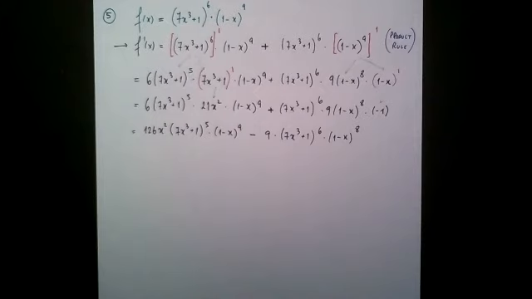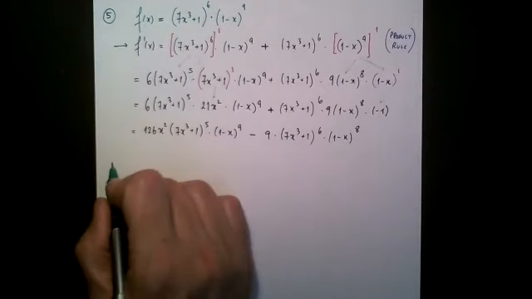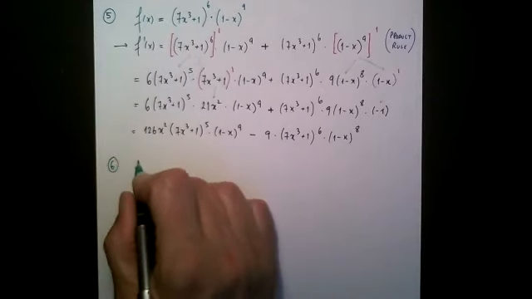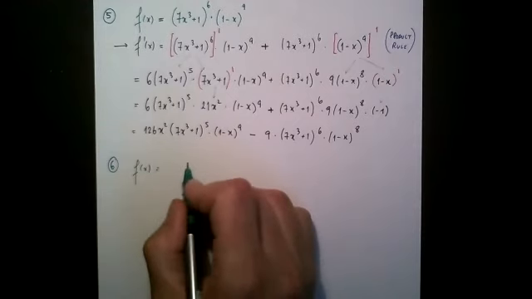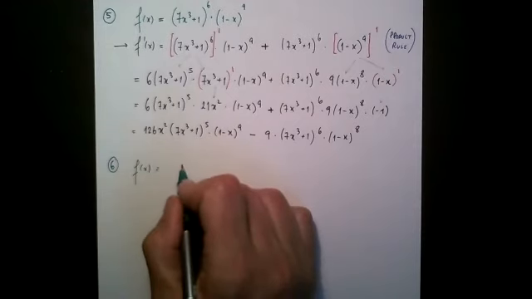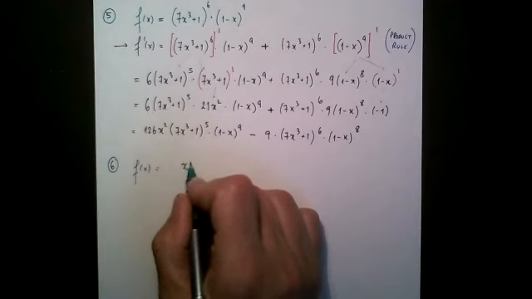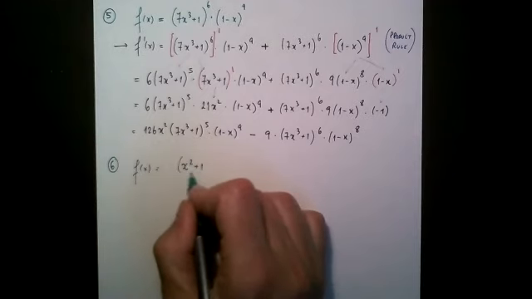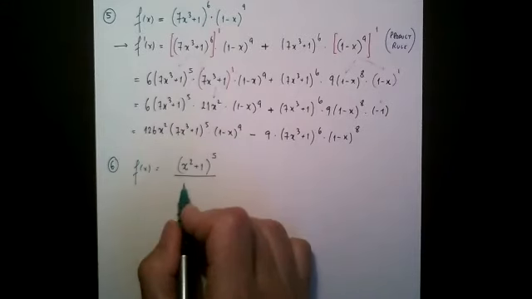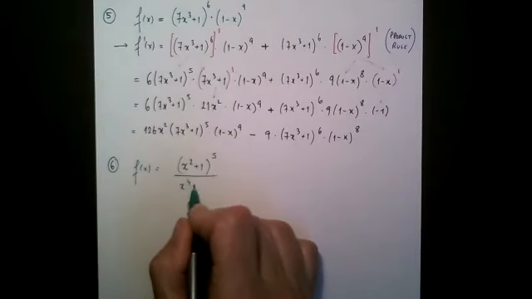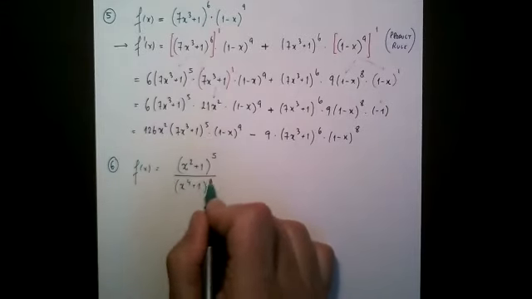Okay, so let me give you another one. f of x is equal to (x^2 plus 1) to the power of 5 over (x^4 plus 1) to the power of 8.